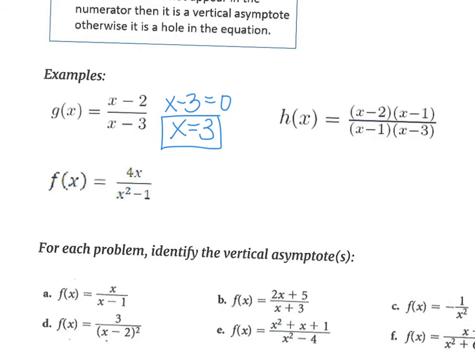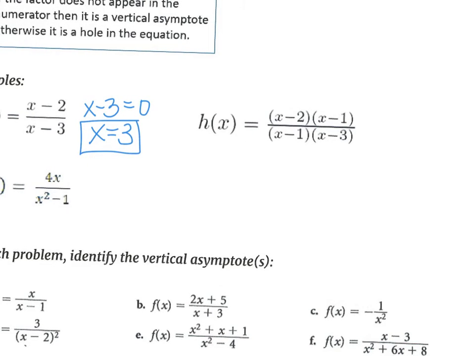The second problem, move over to the right there, it's also already factored for you. Now, it just so happens that you have 2 factors in the denominator, which is fine. You can have 2 vertical asymptotes. However, do you notice that in this one, we have both an x minus 1 in the numerator and denominator. That actually cancels out and gives you what's called a hole.